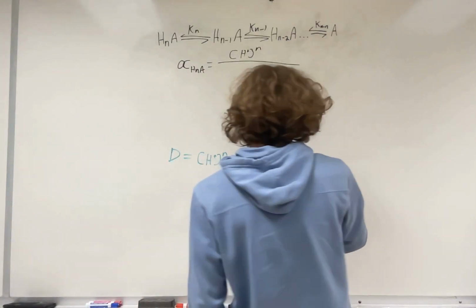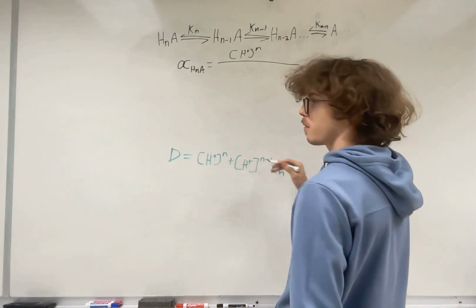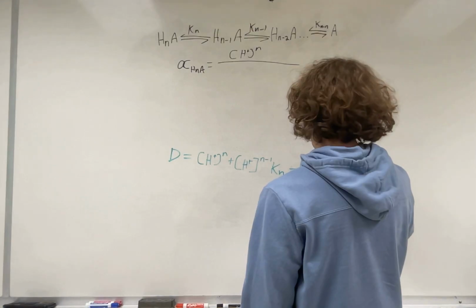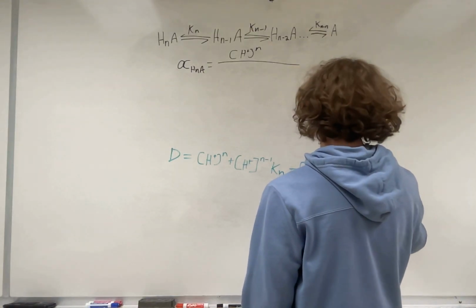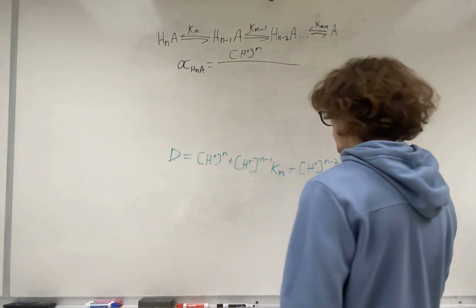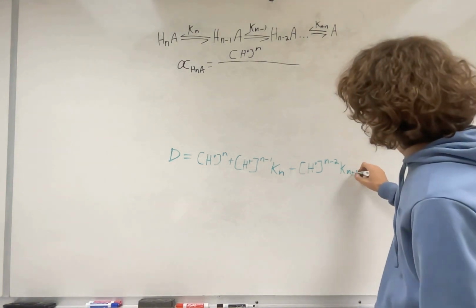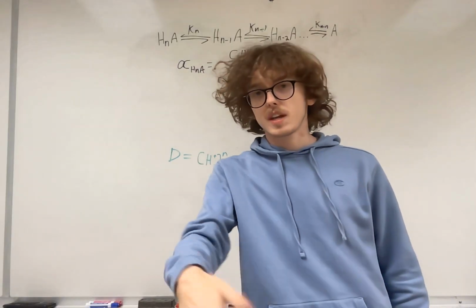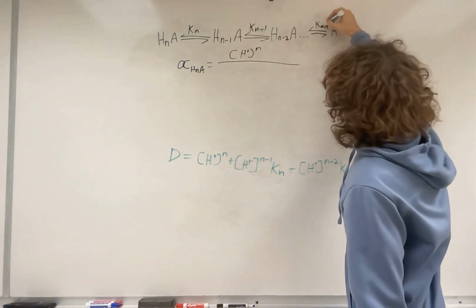Then we're going to continue the pattern here: H+ to the n-2, Kn-1. Or sorry, it should be K plus 1, right? Because usually we go K1, K2, K3, K4, K5, right? This is n plus n.